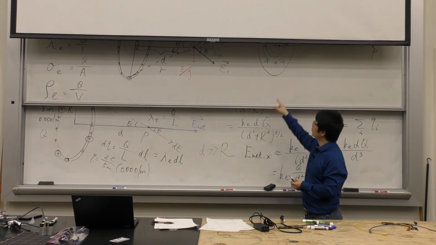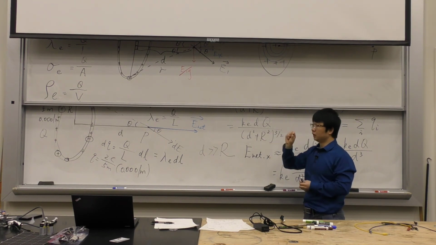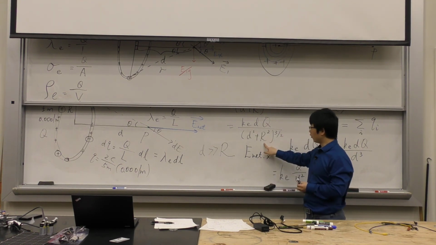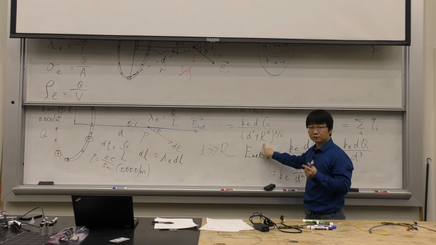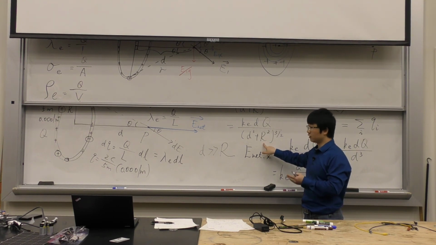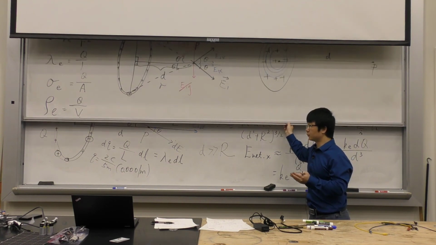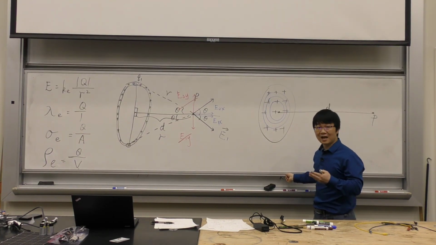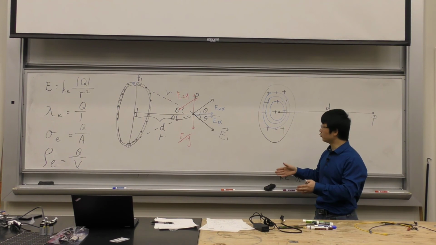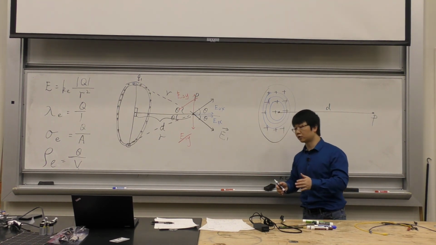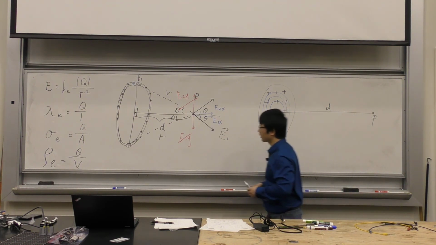You're going to integrate with respect to this variable, dr, and then use the integral table to integrate that function. But we're not going to do that here because it's too complicated.